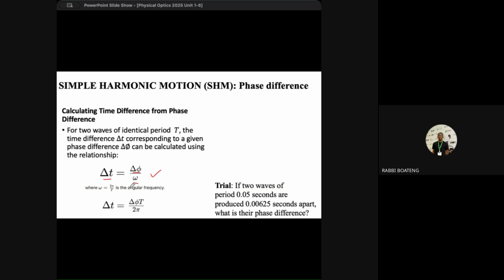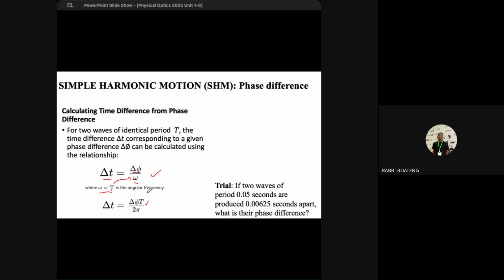Now, we all know that we can relate angular frequency with period, where we have 2 pi on the period. So if I place the 2 pi on period where the omega, the angular frequency, is, I'm going to get this equation.